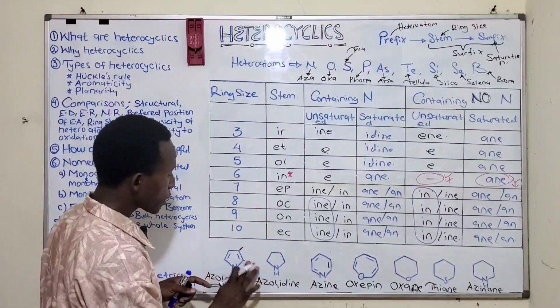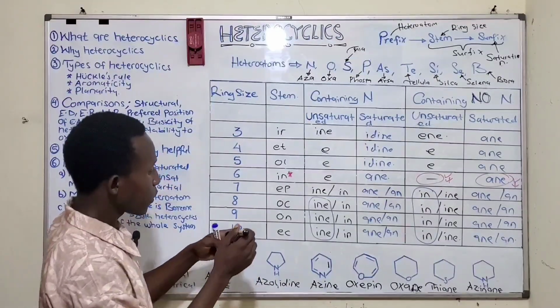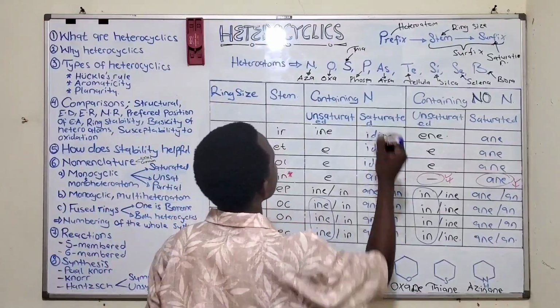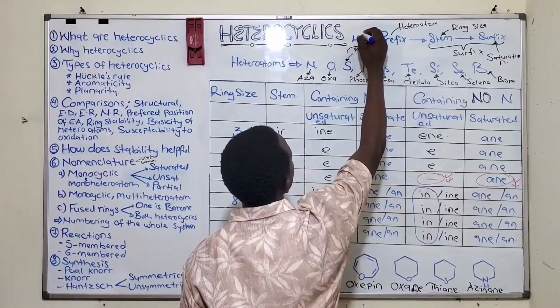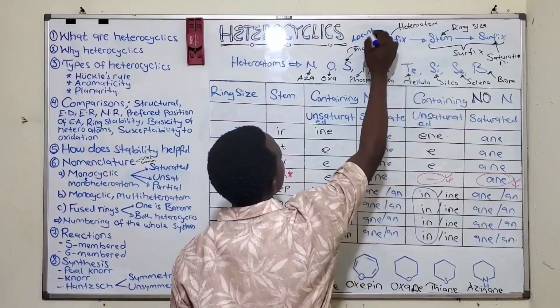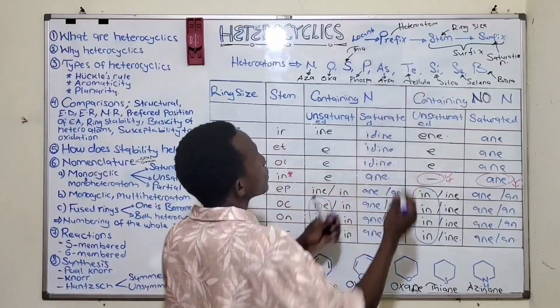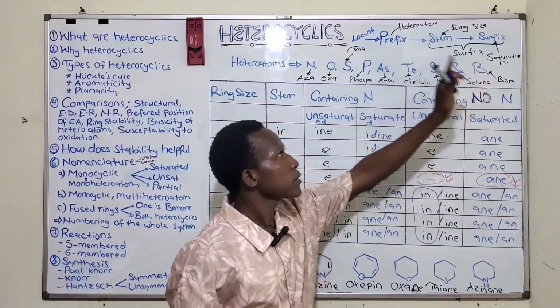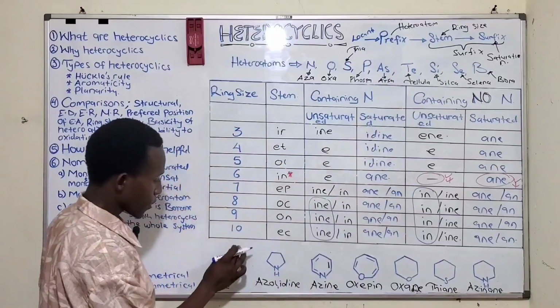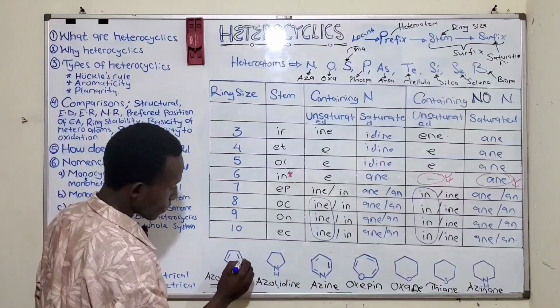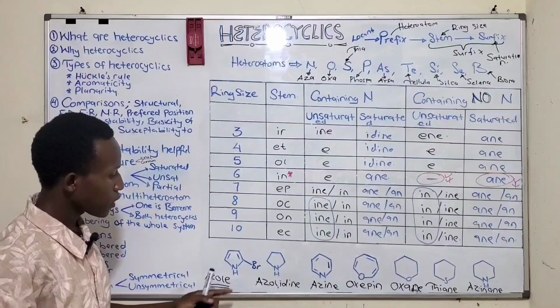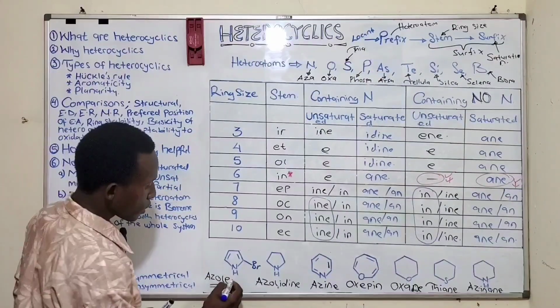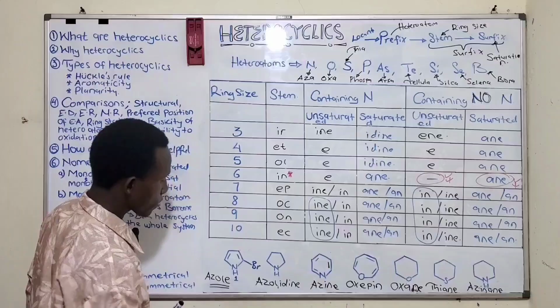Now, for that case, if it has a substituent, we add a locant. So it's locant first. Then we go to prefix, stem, and suffix. For example, in case we have here, let me put bromine. This is position 1.